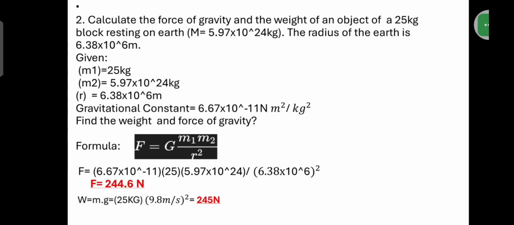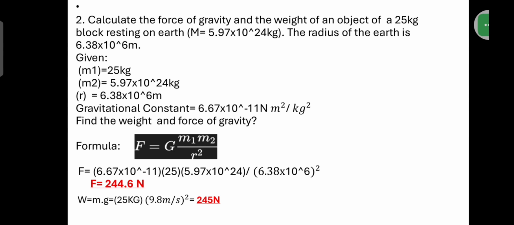It's equal to 6.67 times 10 raised to the power of negative 11 times 25 times 5.97 times 10 raised to the power of 24 over 6.38 times 10 raised to the power of 6 squared, which is equal to 244.6 Newtons.